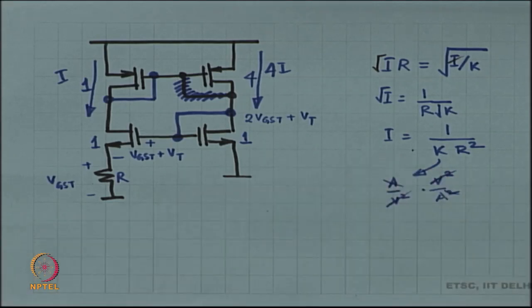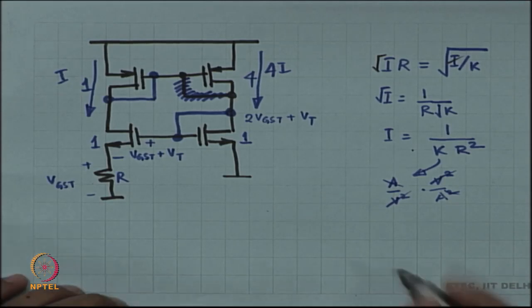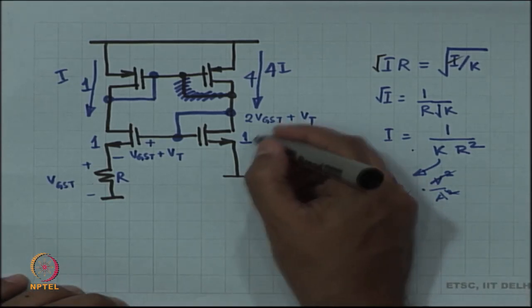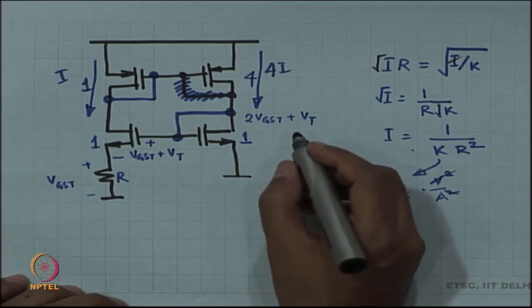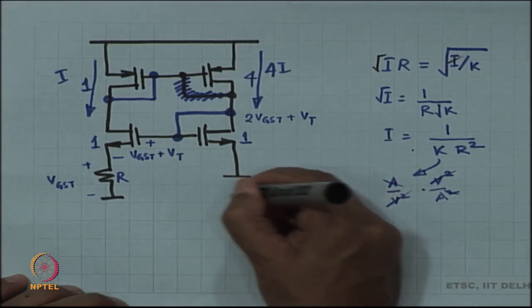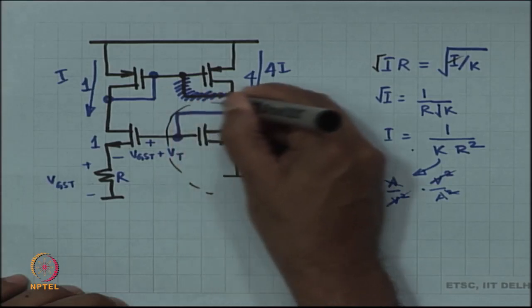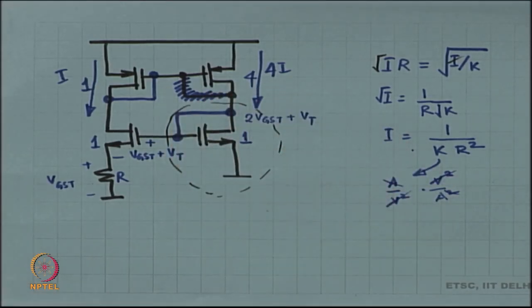Now, on the face of it, it does not seem very useful, but if you think about it, there is one more thing. What is the GM of this particular device, or any device which carries a current I?